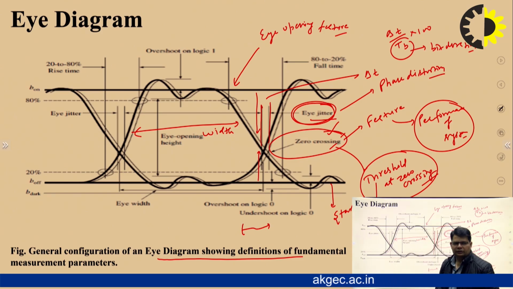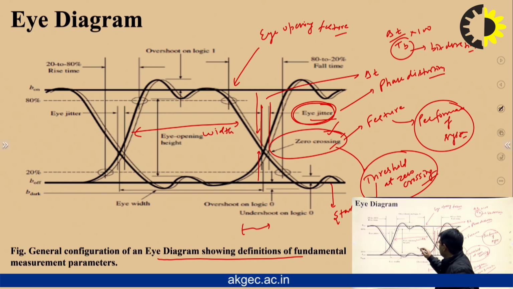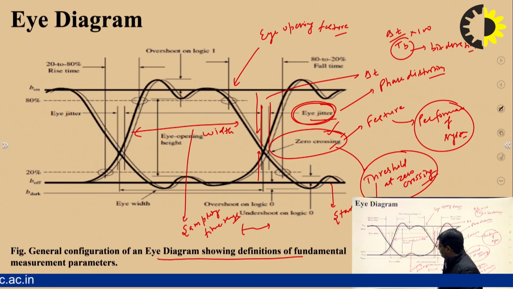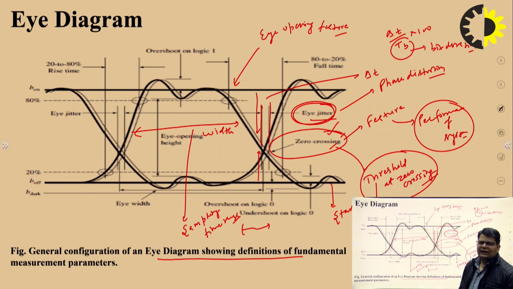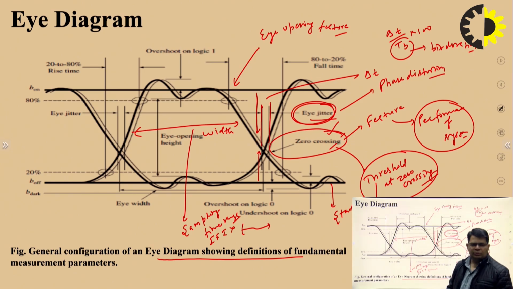This width of the eye tells us about the time interval, the sampling time range. This is the time interval over which the signal can be sampled without ISI, that is inter-symbol interference.